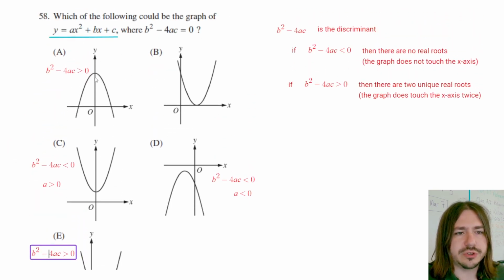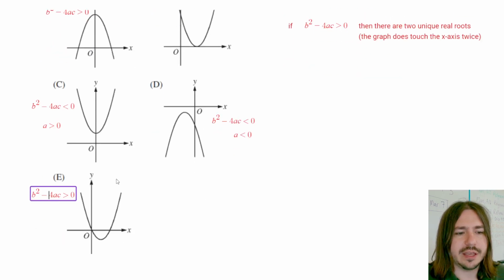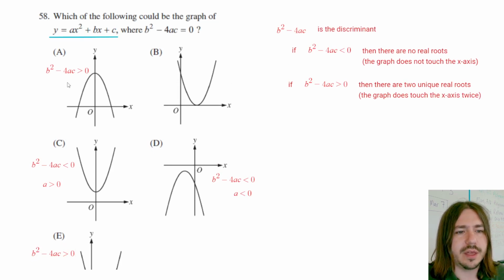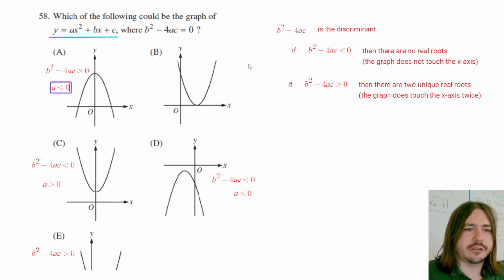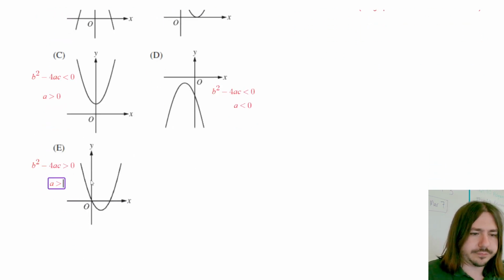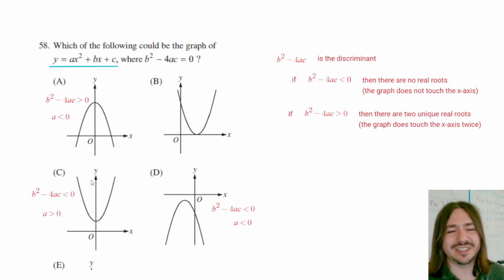Once again, to differentiate between A and E, we would need a separate piece of information, kind of like with C and D. And it would be the same piece of information. If it's opening down, the a value is negative, but if it's opening up, then the a value is positive. Now, just by process of elimination here, we already know the answer is going to be B.